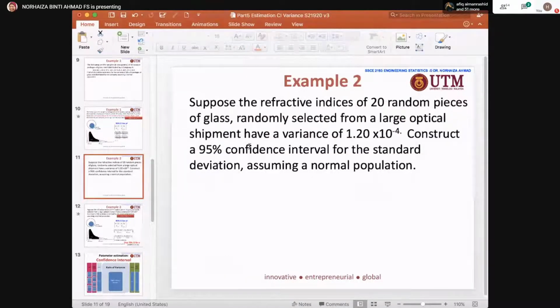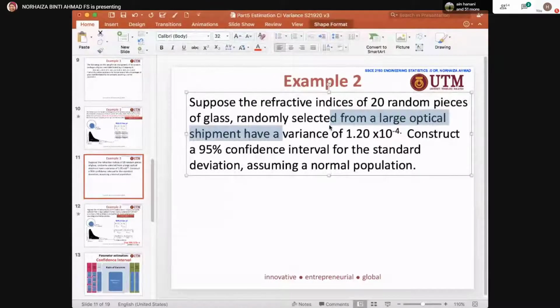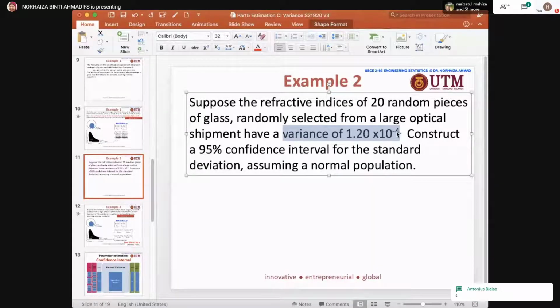Second example, suppose the refractive indices of 20 random pieces of glass from a large optical shipment have a variance of 1.2. So this variance, is it sigma squared or s squared? S squared.